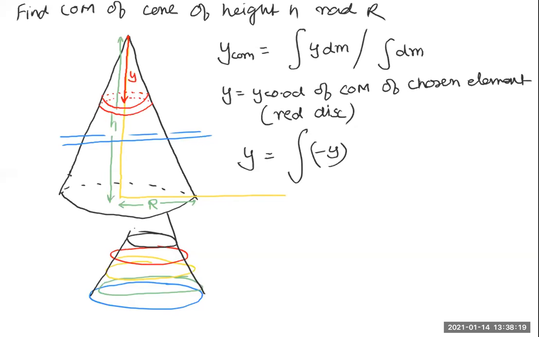I can take it plus, कोई फर्क नहीं पड़ता. Into dm, which will be density into the volume of the red disk. Any idea how to find the volume of the red disk? The thickness of the red disk is given by dy.